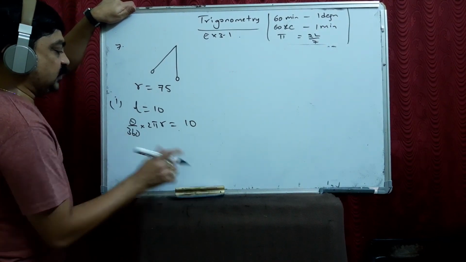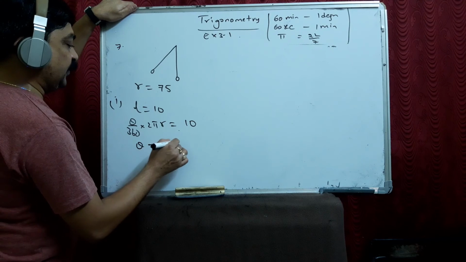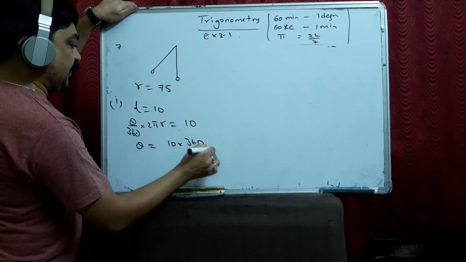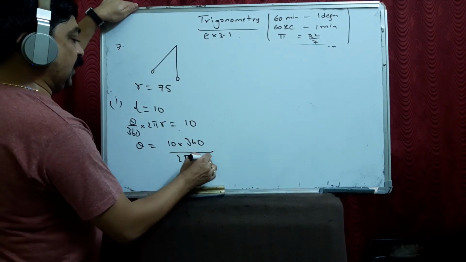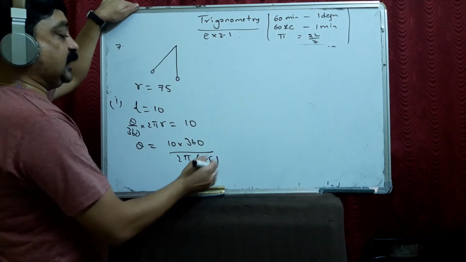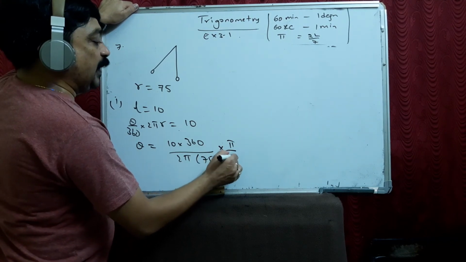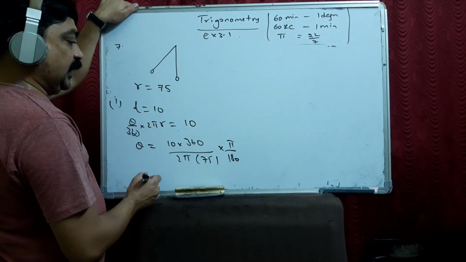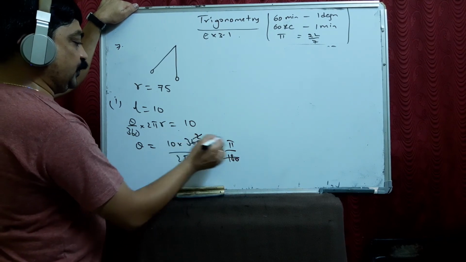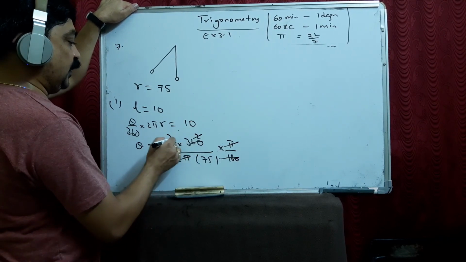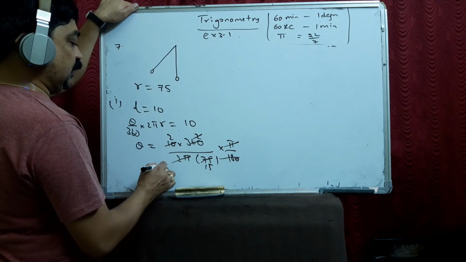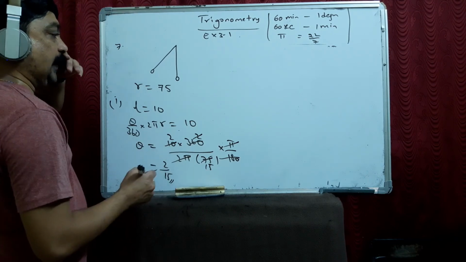Angle in radians they ask, no? So theta is equal to 10 into 360 by 2 pi r. R is 75. Since the angle is asked in terms of radians, we multiply by pi by 180. Then 180 into 2, 2 pi gets cancelled. 5 2s, 5 15s. 2 by 15 is the angle in radians.